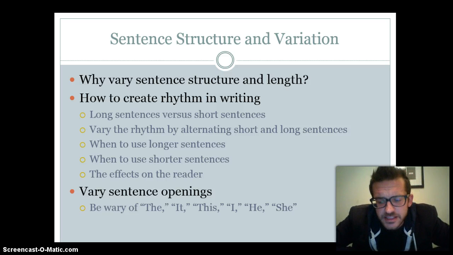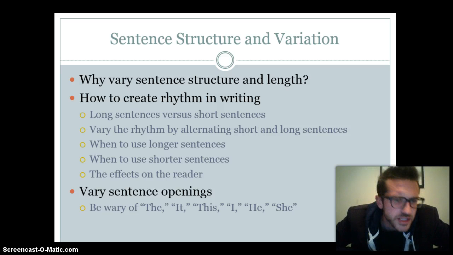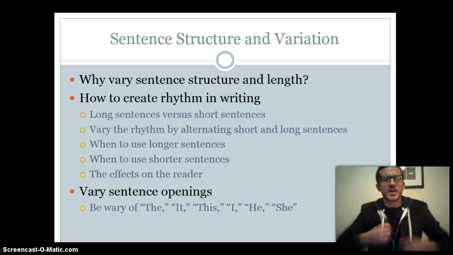Typically you do this with imagery or any kind of description. Longer sentences typically create a sense of easiness, a sense of peacefulness in the reader. Several shorter sentences in a row, on the other hand, create a sense of anxiety in the reader. It can physically make the reader feel anxious.